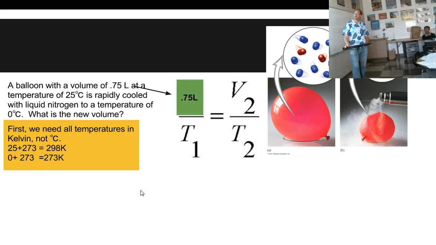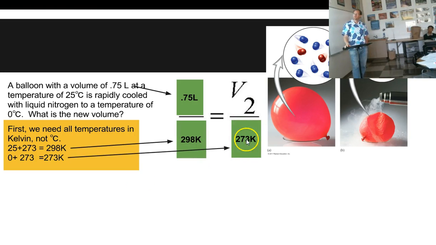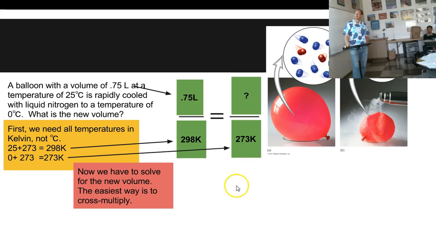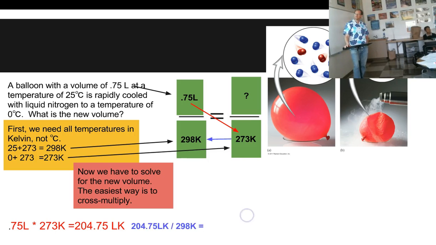So there's my new temperatures. I'm going to go ahead and plug in my numbers. 3/4 of a liter, 298 Kelvin, 273 Kelvin. Now I just have to solve for V2. We have to solve for the new volume. The easiest way to do that is to cross multiply and divide. So 0.75 times 273, then divided by 298, and I get my answer of 0.68078 liters.